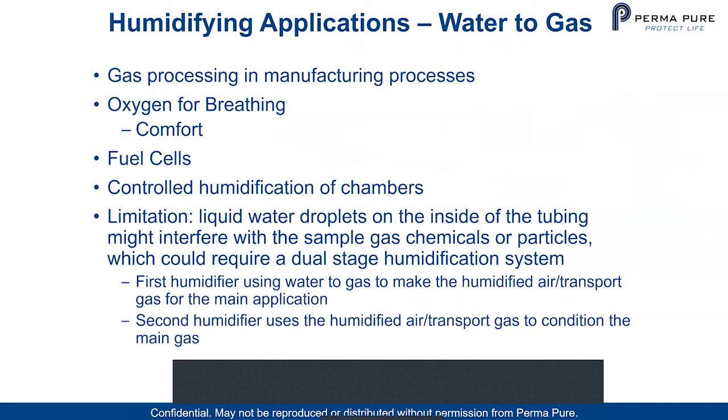Again, the limitation is that liquid water droplets on the inside of the tubing might interfere with the sample gas chemicals or particles, which could require a dual stage humidification system. Here you'd use the first humidifier, water to gas, to make the humidified air or transport gas for the main application. Then the second humidifier uses the humidified air transport gas to condition the main gas.